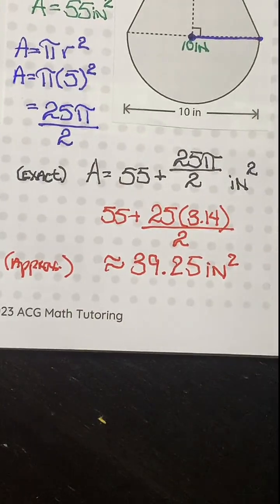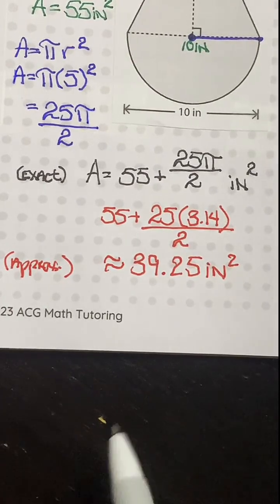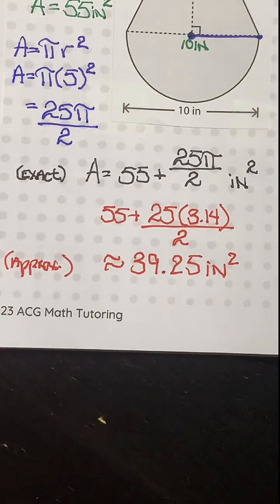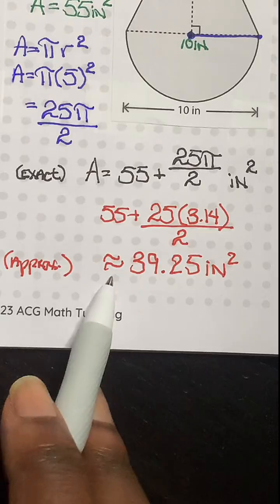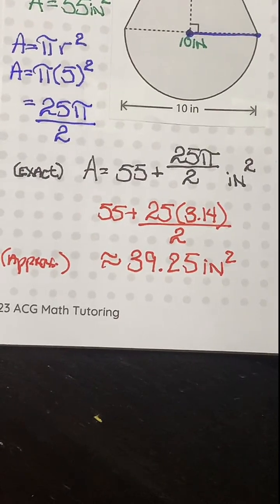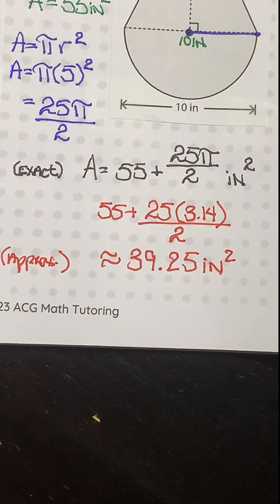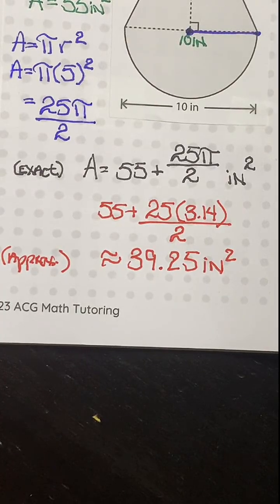I know. Majority of the time, most of the time, you're going to see this. But if they want you to do the calculations, you're going to do that for the approximate answer. Yep.